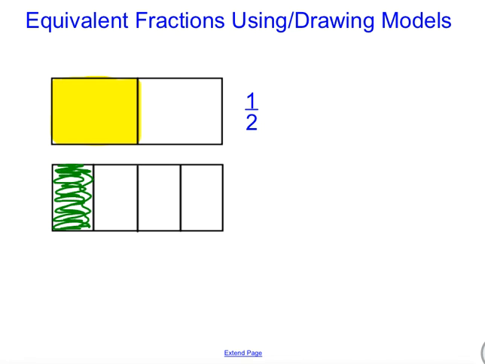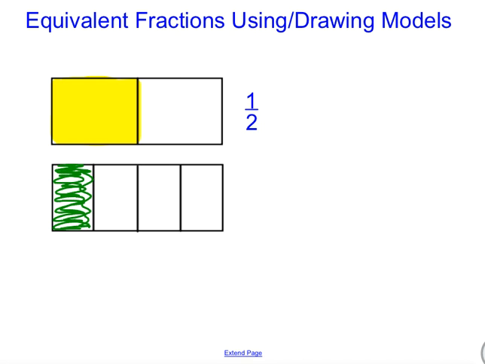Okay, I notice that the shaded parts are not equal. So actually 1/4 is not enough. 1/4 is less than 1/2, right? So right now I need to make it equivalent, equal to.